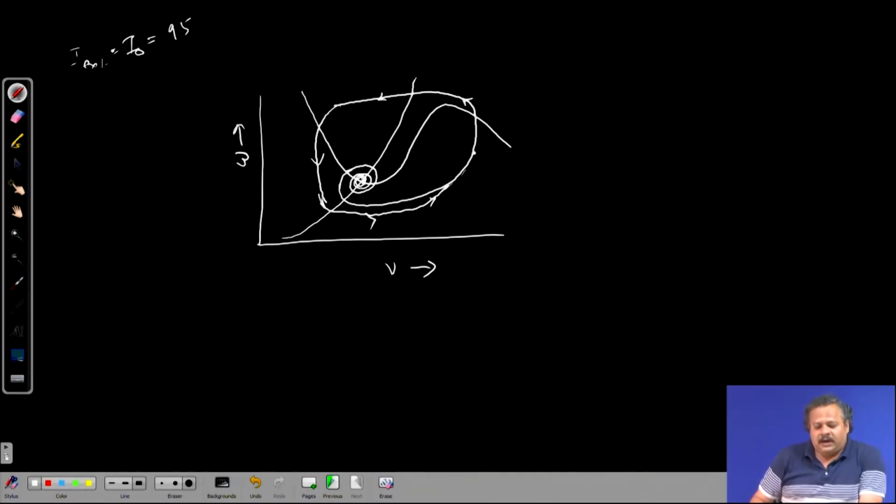Which means if we look at the behavior of the system with time, this is the solution of the system with I0 equals 95, with the system started just around the equilibrium point, very close by. Remember, if we start exactly at the equilibrium point, it is going to stay there forever. Theoretically, it has to.